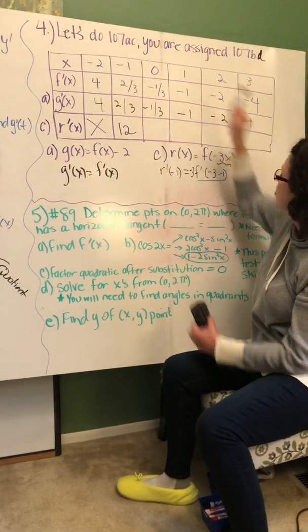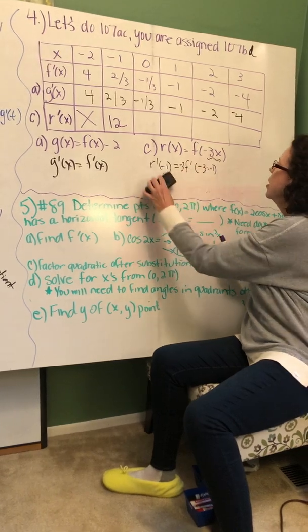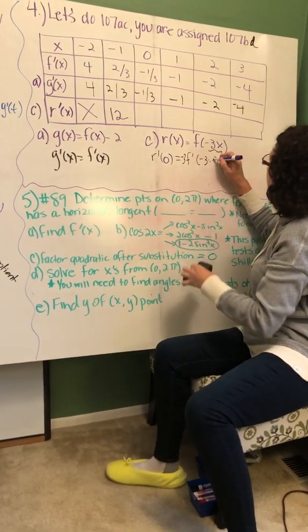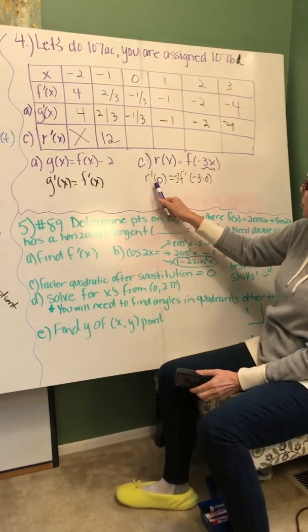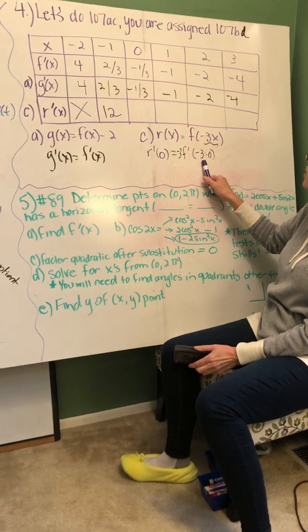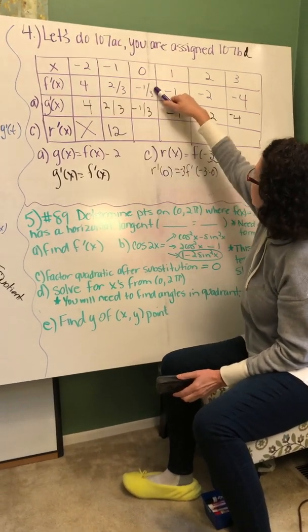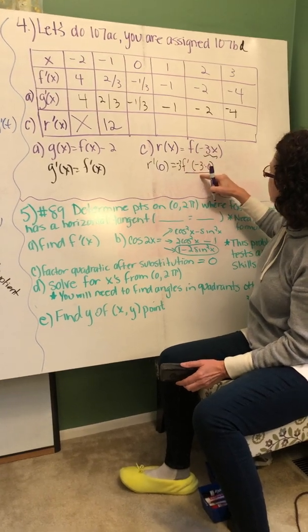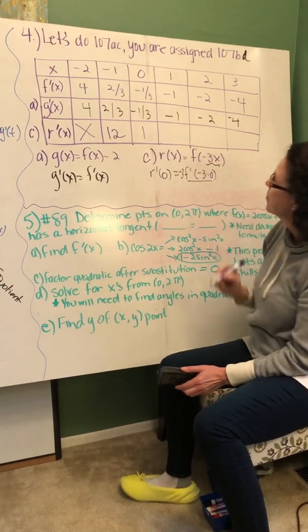Let's move over to where x is 0. There we go. That is equal to, the derivative of r is equal to the derivative of f at 0. Let's go to there. Derivative of f at 0, that's a -1/3 right here, times a -3 is a 1.